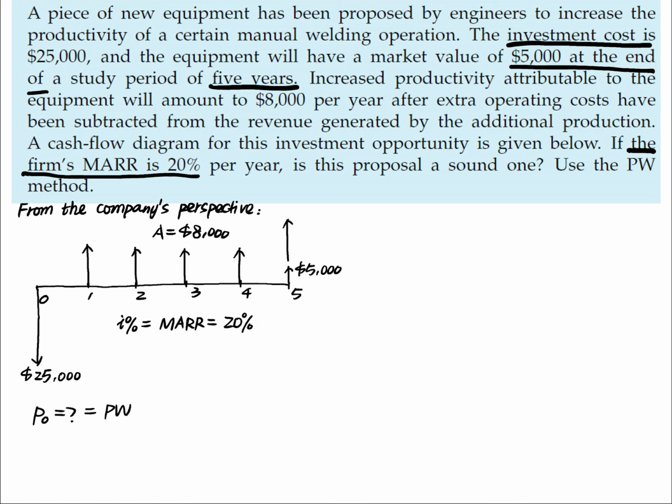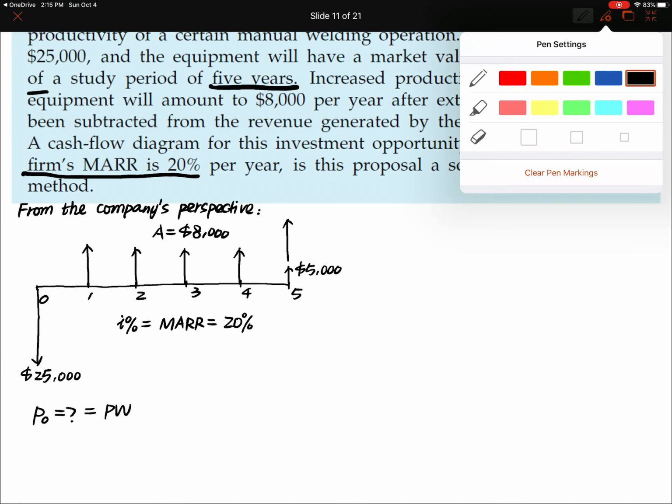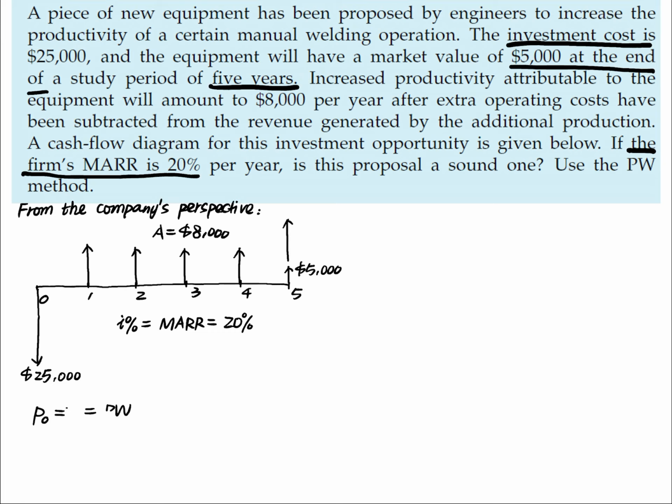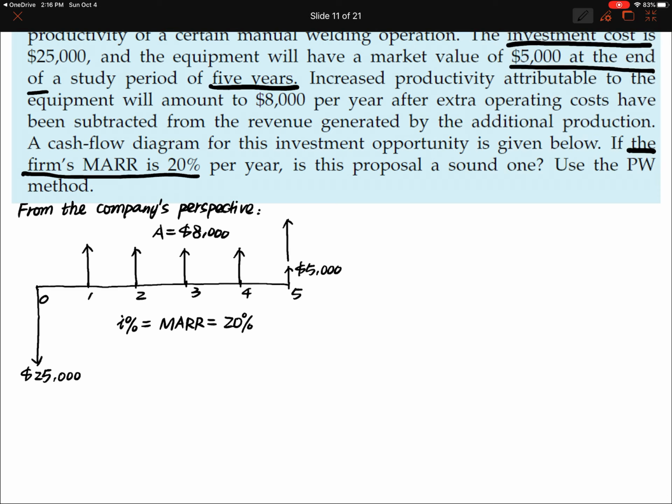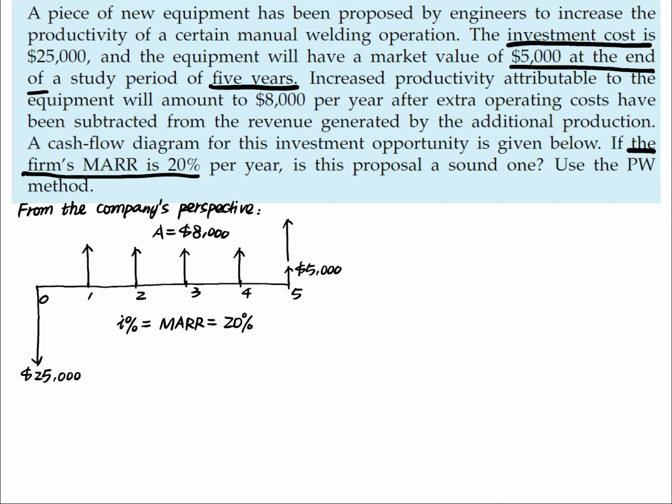Actually, what you want to have is the P0. It's better to write it this way. The present worth method, you want to calculate the PW, but actually it is the P0, right?